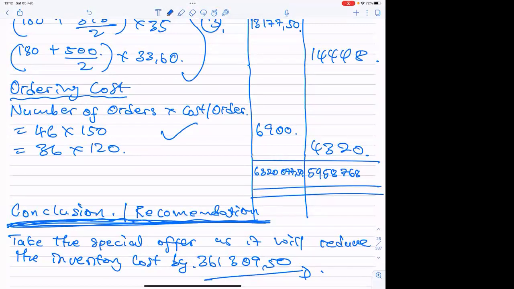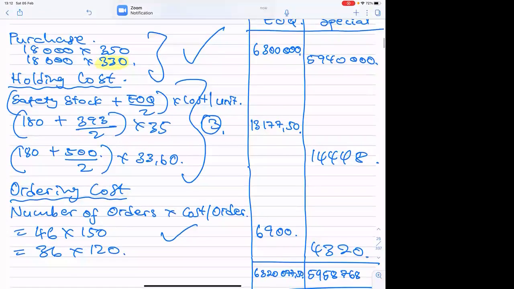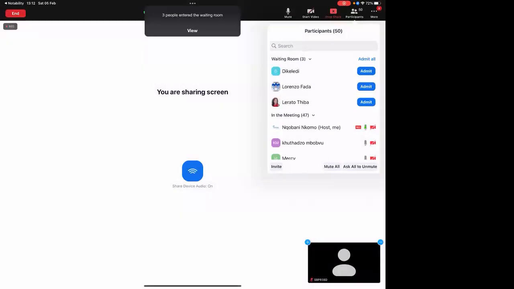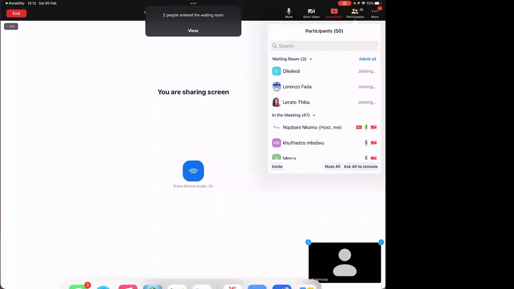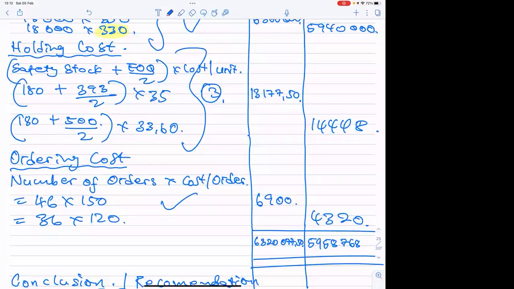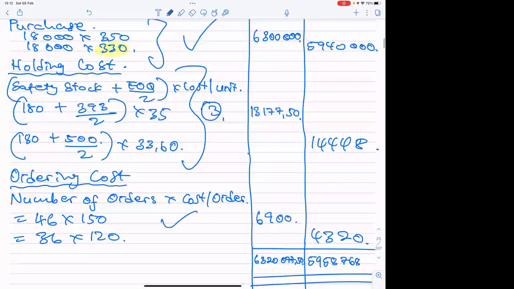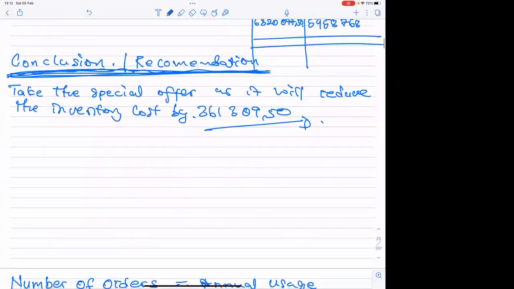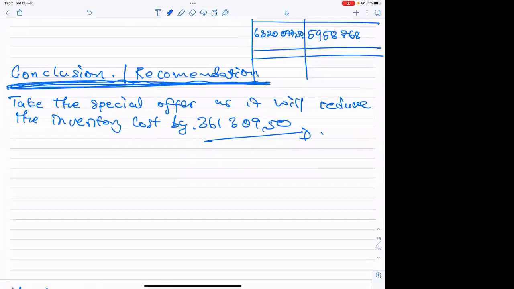The lowest in this case is the special. So you may lose marks on top, but on the conclusion you will get your full marks. So don't leave anything blank, because you will use it to get marks in the next part. If you don't know the holding cost, just put a figure there, add everything, and do your conclusion that you need to save the inventory cost. You're done.